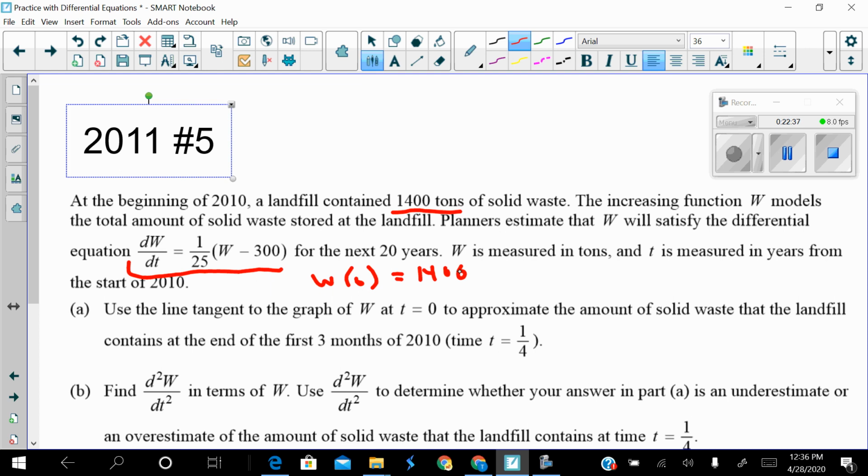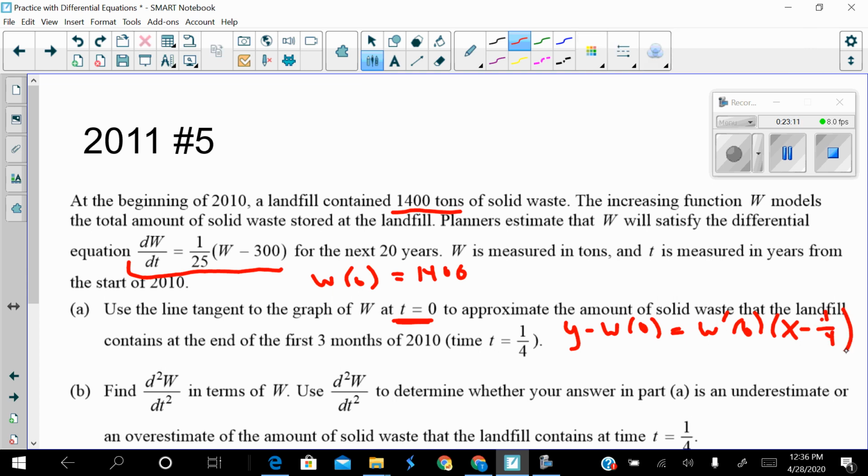When they say use the line tangent, first you're going to write the equation of the tangent line at time 0, for W. Remember, to write the equation of a tangent line, it's y minus y1, which will just be the function at time 0, equals the slope, which will be the derivative at time 0, times x minus, in this case, 1/4.